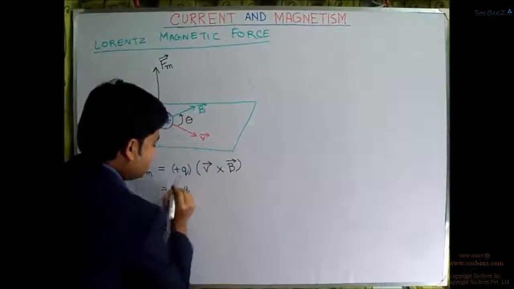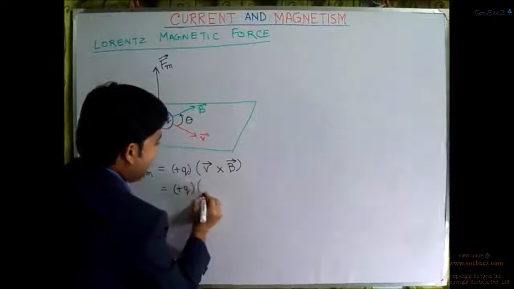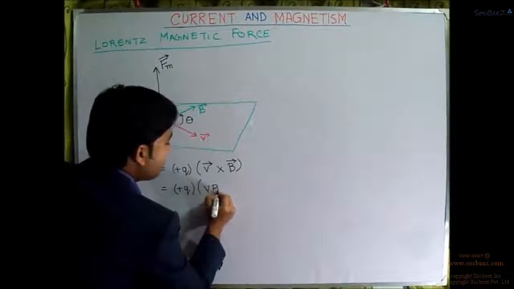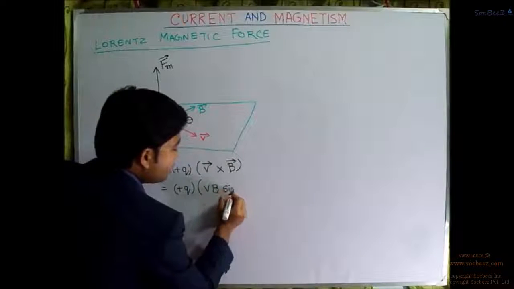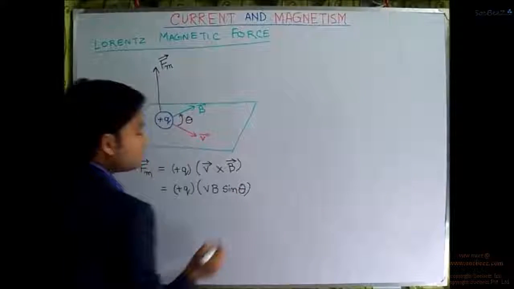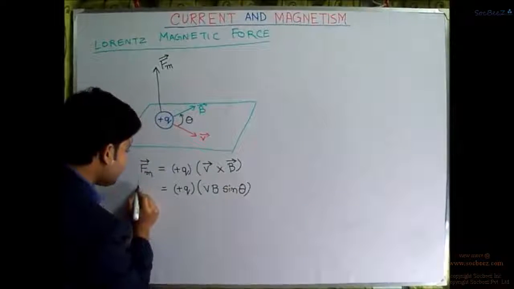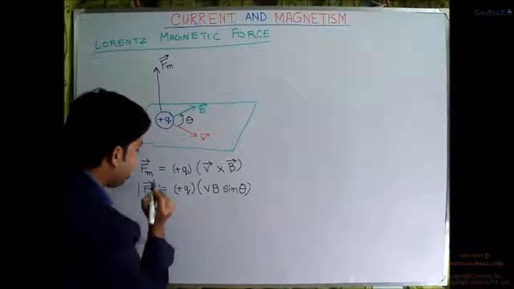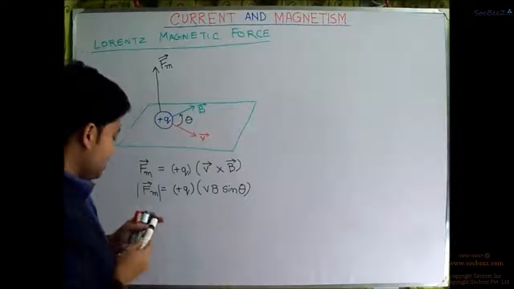plus q multiplied by v b sine theta, right? So this will be the magnitude of the Lorentz force.